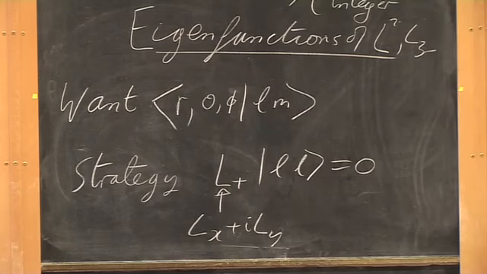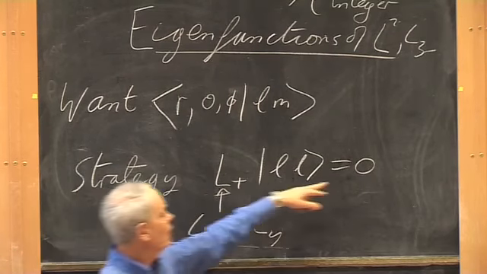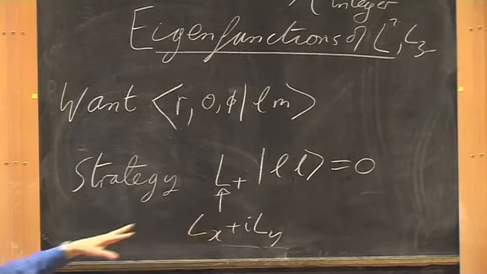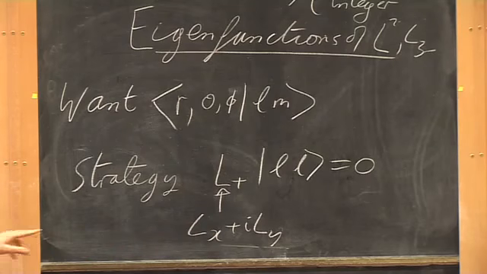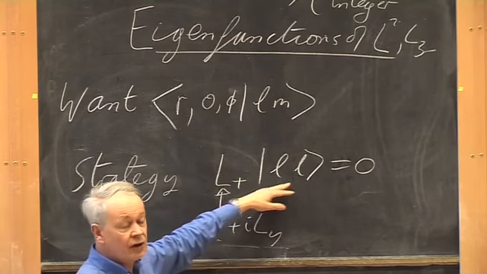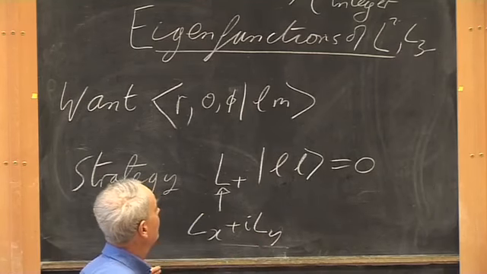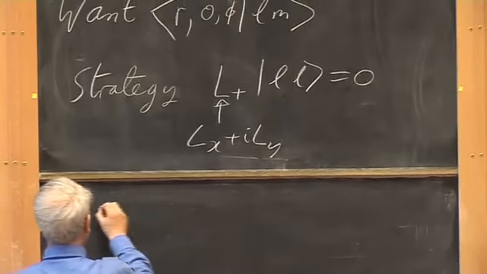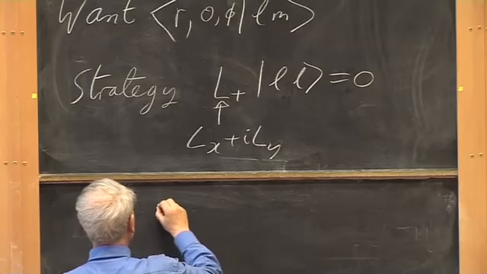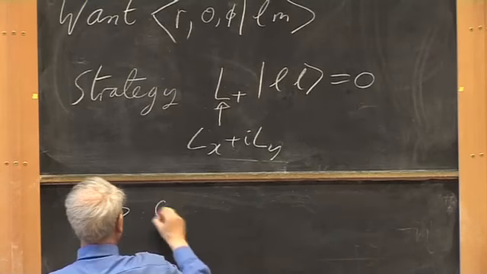So this is an operator equation. We will look at this operator equation in the position representation, and then it will become a first-order differential equation. We will solve it. It'll turn out to be dead simple to solve. Let me leave off the R because we're not really interested in R for the moment.